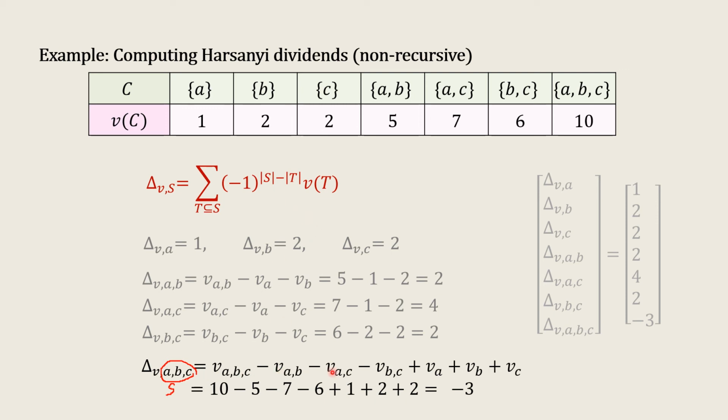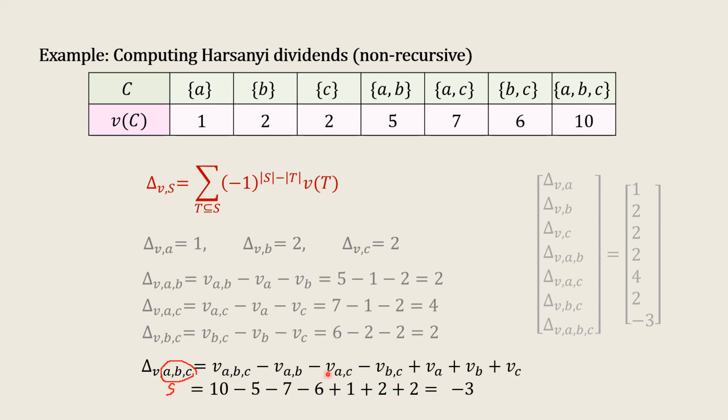Then here are the three terms when T is of cardinality 2. So the size of T is 2, the size of S is still 3. So 3 minus 2 is 1. Negative 1 to the power of 1 is negative. So I have a negative sign in these three cases, and then the value of the coalition: value of AB, value of BC, and value of AC.